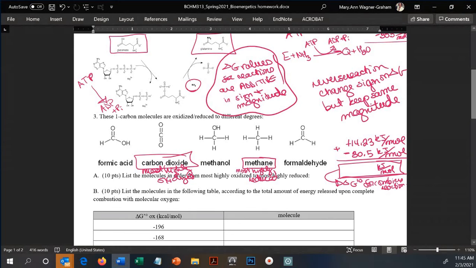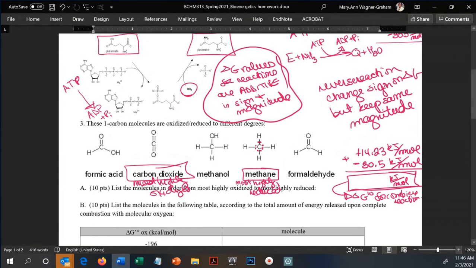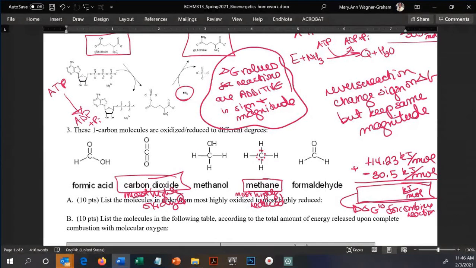This carbon is going to hold onto those electrons more of the time. Same deal with all of those electrons. So carbon is going to hold on to both of those electrons in each of those bonds more of the time. Okay, so in methane, let's say that carbon has 8 electrons.